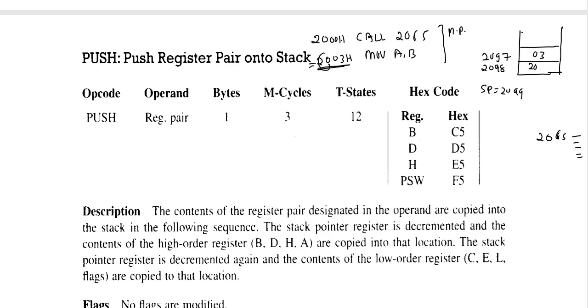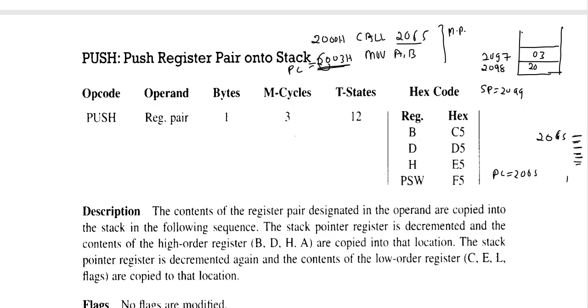This value is what was in the program counter, so the program counter is stored on the stack. Now the program counter will load the value 2065, and your program will start executing the subroutine.